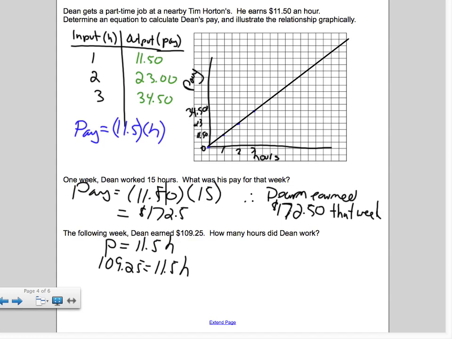This is the second one, learning linear equations. But it all comes back to you need to solve equations once we get to this point. So how do I isolate for H? That came back to how Matt got his original answer of taking 109.25 divided by 11.5.